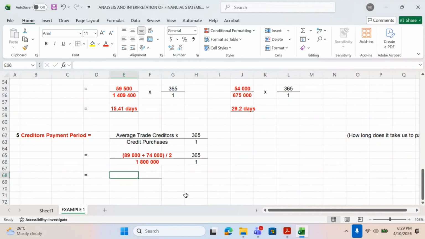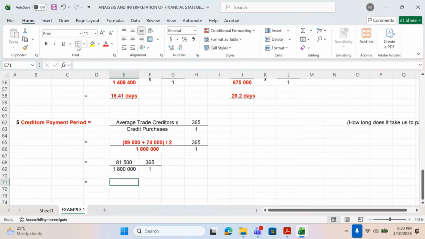How much are we getting? 81,500. 81,500 rands. Thank you. Then our denominator, we know very well, is 1,800,000 rands. Then now multiply by 365 over 1. Then how much will our total be? How much are we going to get as a total?